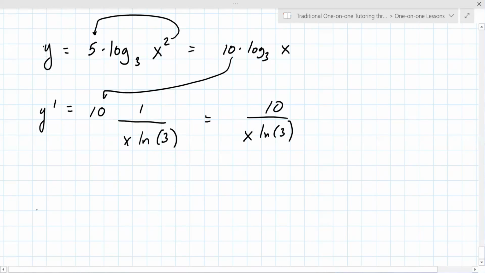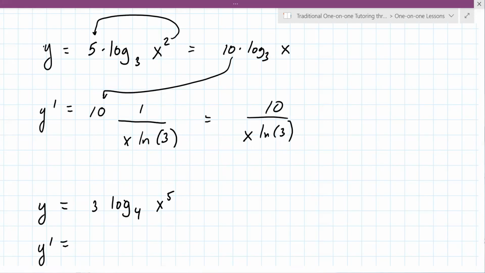All right, so now let's try another one here. Let's say that y equals 3 log base 4 of x to the 5th, and I want the derivative. Give that one a try, please.